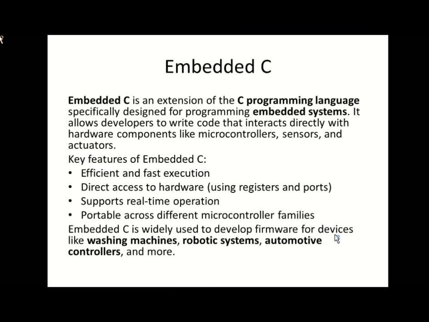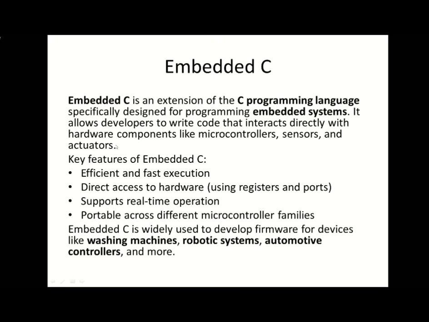Now let us understand what embedded C is. Embedded C is an extension of the C programming language specifically designed for programming embedded systems. It allows developers to write code that interacts directly with hardware components like microcontrollers, sensors, and actuators.